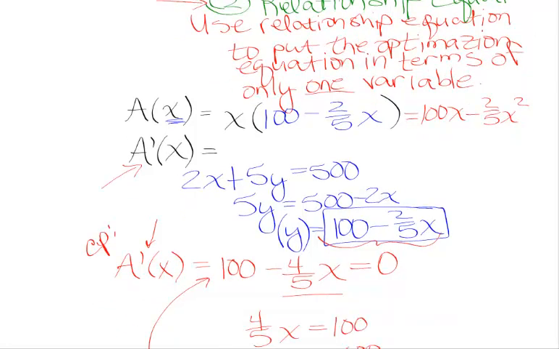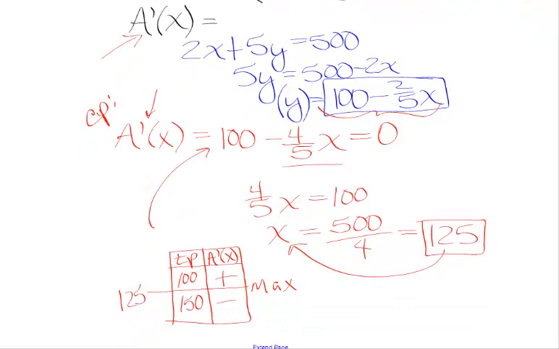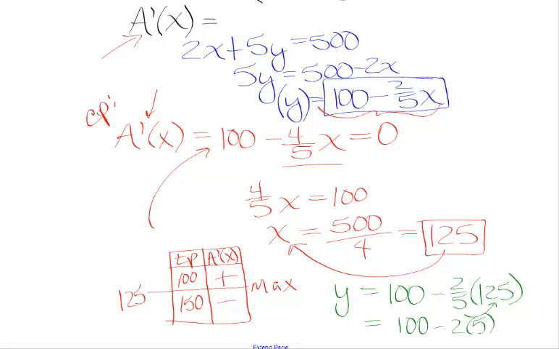So I can come back down here, and when x is 125, y is 100 minus 2/5 of 125. 5 goes into 125 5 times. That's 100 minus 2 times 5, or 100 minus 10, that's 90.